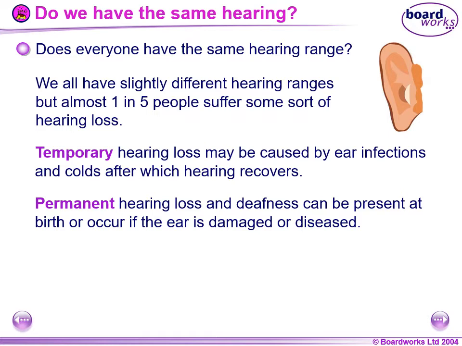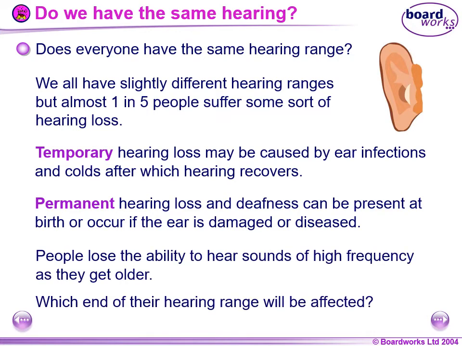Permanent is where the issue is there from birth, or later an accident or something happened because of which a part of the ear is damaged, or sometimes it gets severely infected and then that damage can happen.